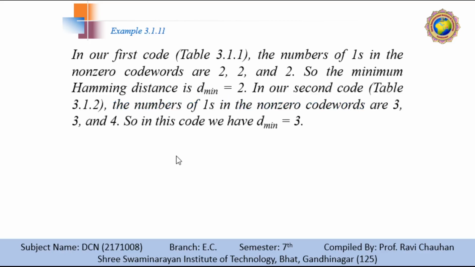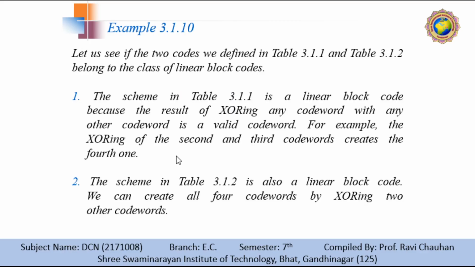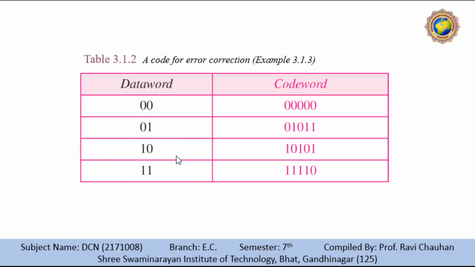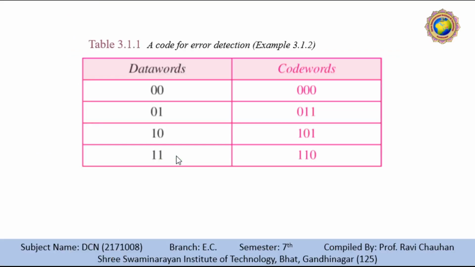In the first code, in table number 1, the number of ones in the non-zero code words are 2, 2 and 2. So the minimum Hamming distance d minimum will be 2.